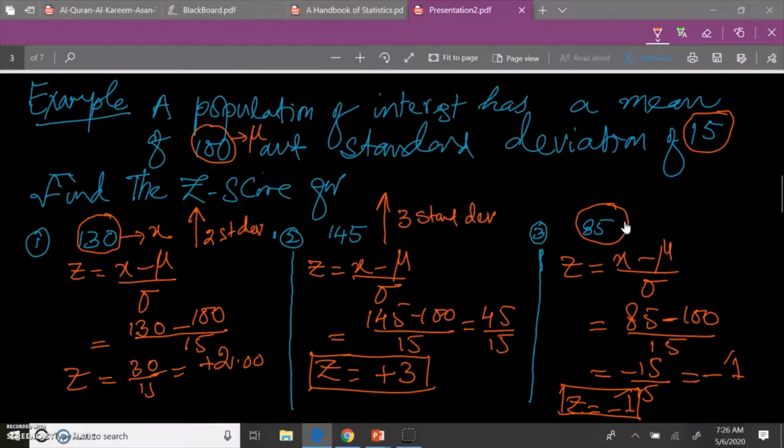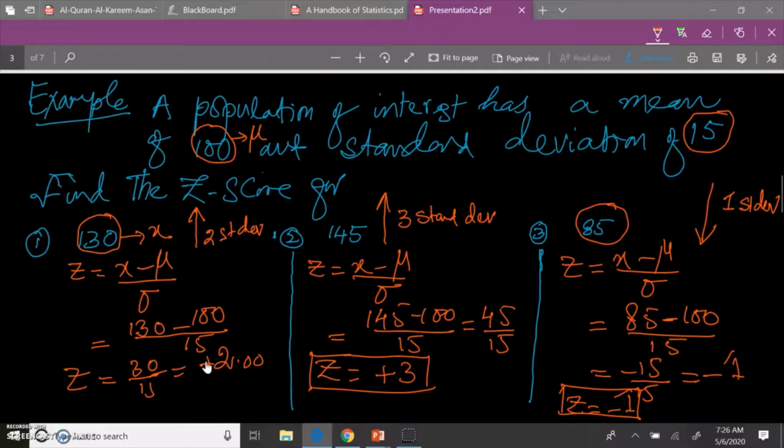It means this observation is below the mean. Why is it below the mean? Because its z-score is negative. So this observation 85 is below the mean, by 1 standard deviation. So remember, the z-score tells you if an observation is above or below the mean, and how many standard deviations.